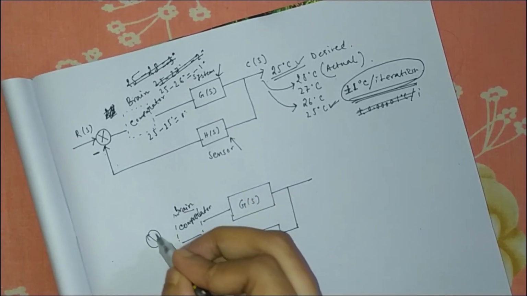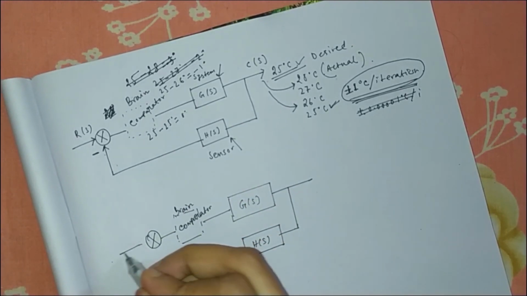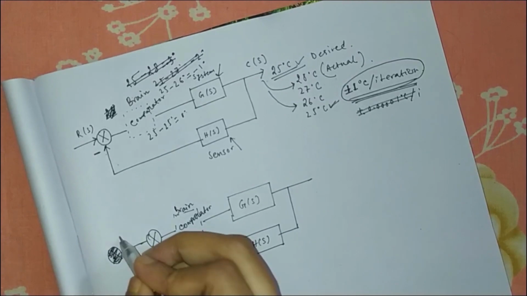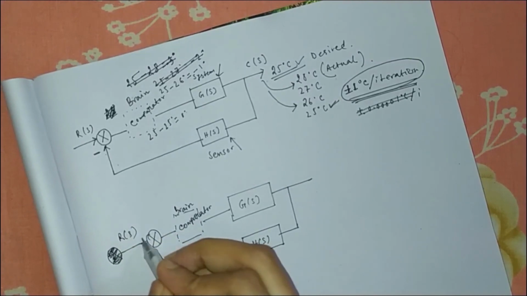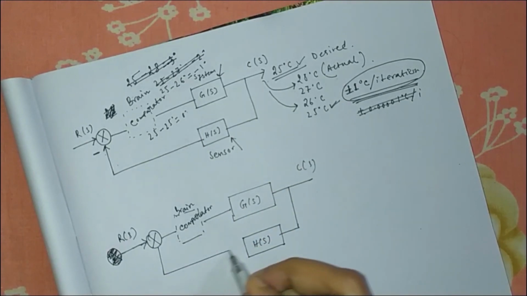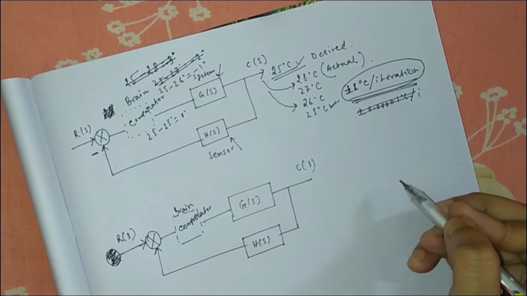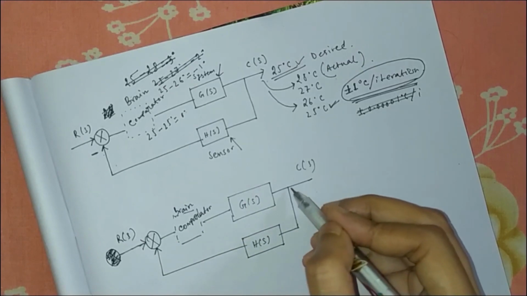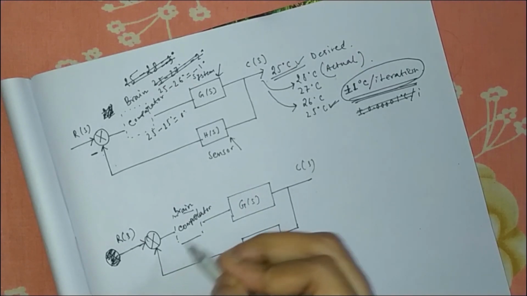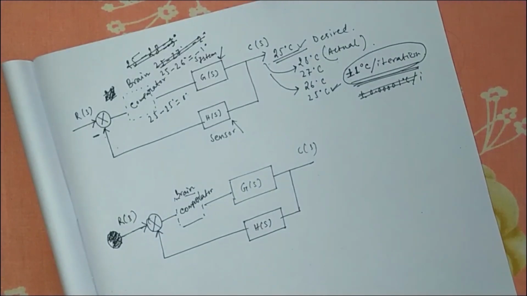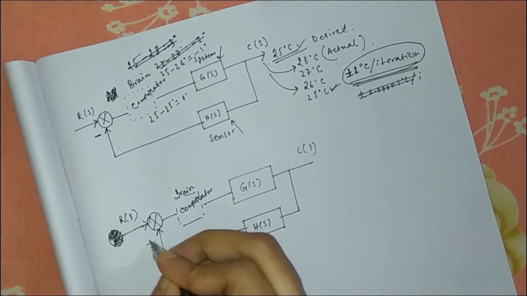This is the summing block. This is the R(s), this is the C(s) output, and the feedback is fed back to the summing block. This is the summing block which sums up the feedback signal and the actual input signal. Okay, so now this is a positive feedback system.